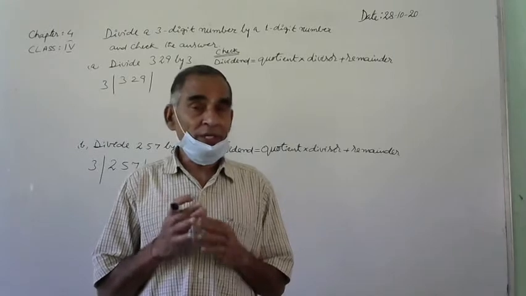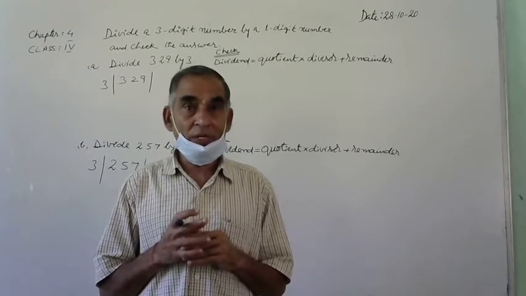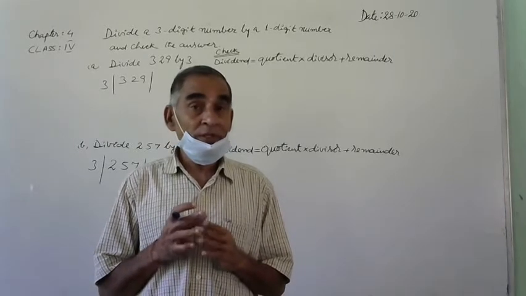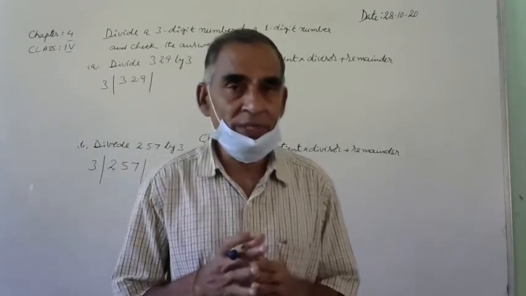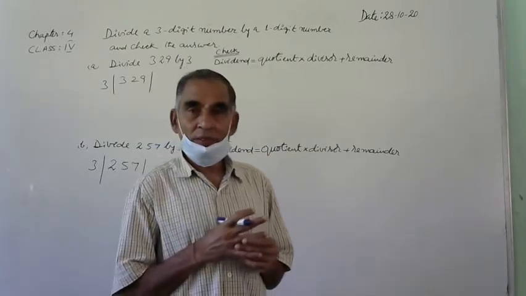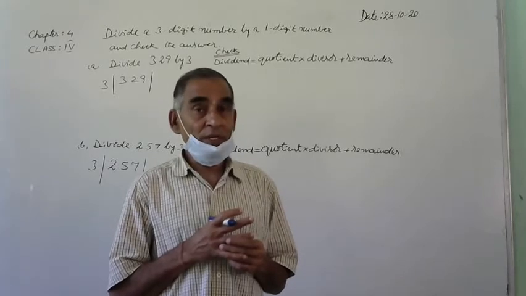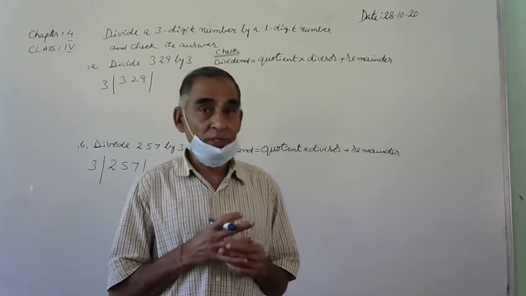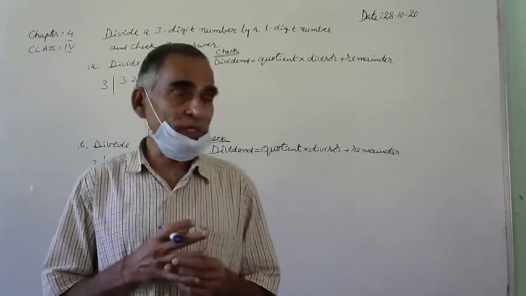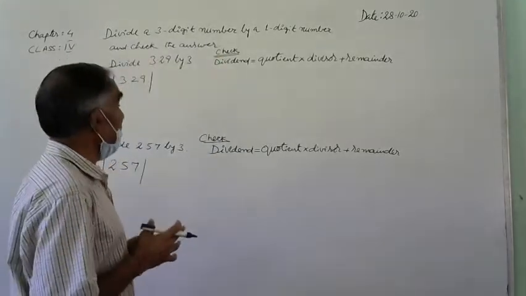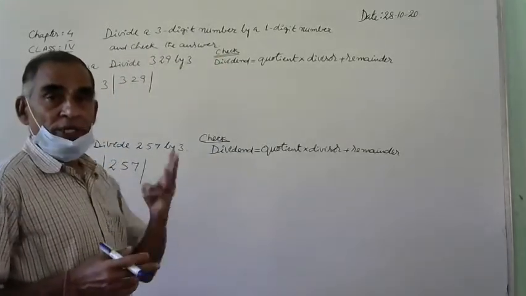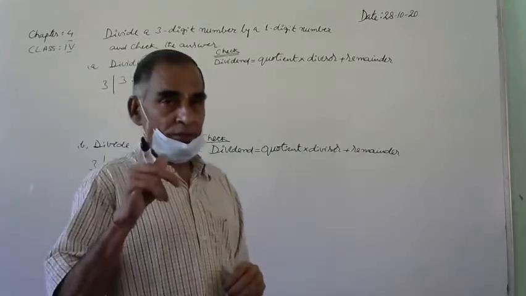Repeated addition is called multiplication, and repeated subtraction is called division. Now you see how to divide a three-digit number by a one-digit number.